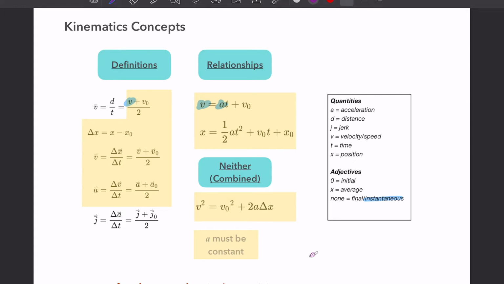So we can imagine a particle moving like this, and we could say this occurs at time 0, and this is an instantaneous time 1, position at time 1, position at time 2, position at time 3.